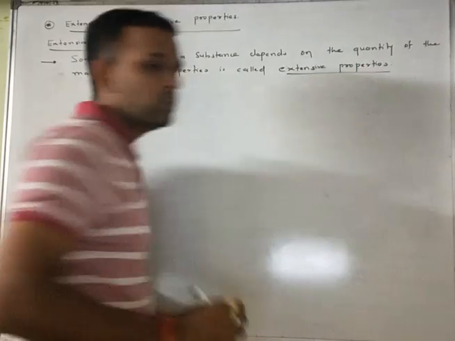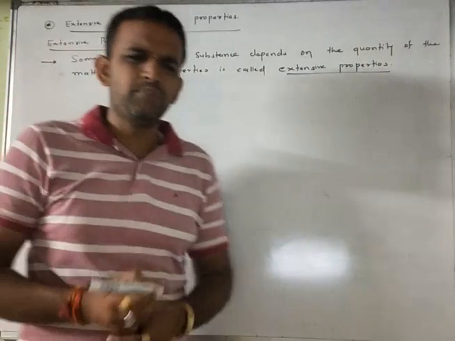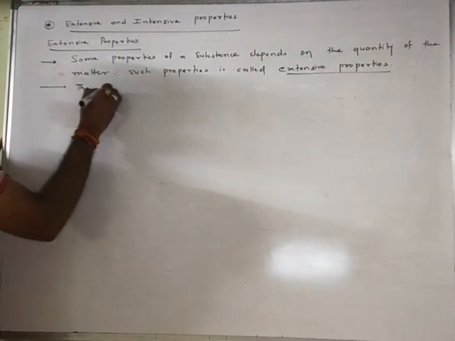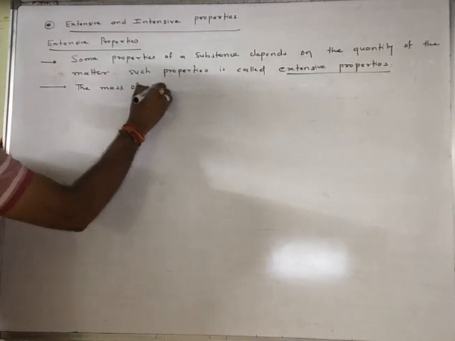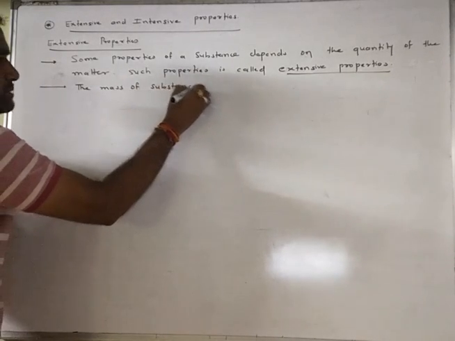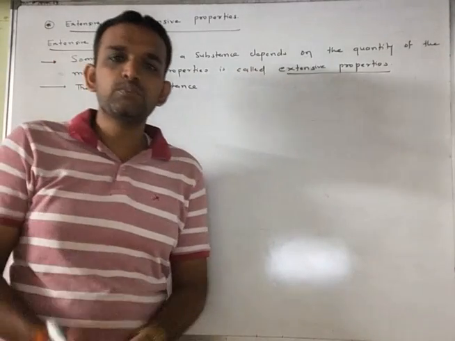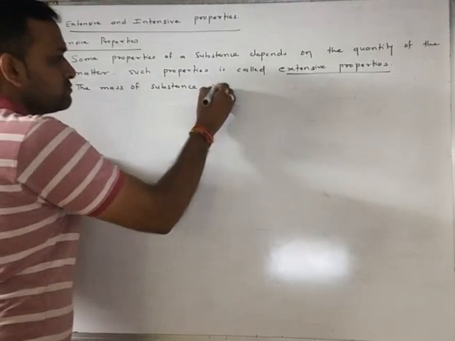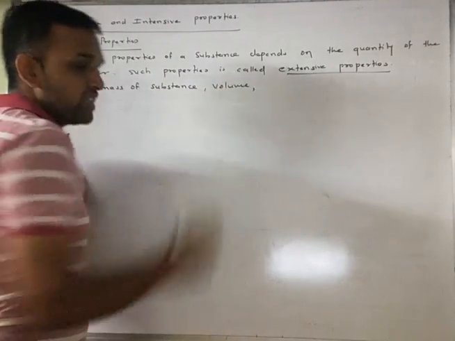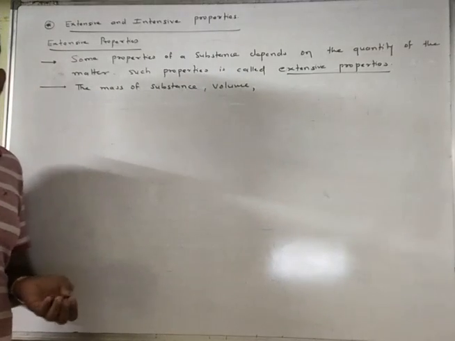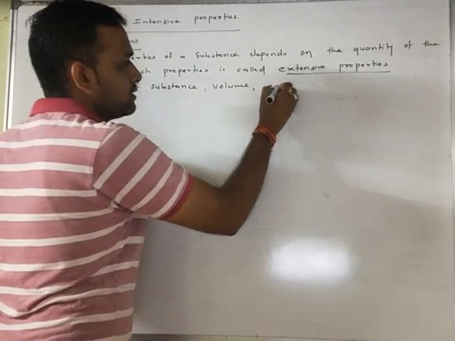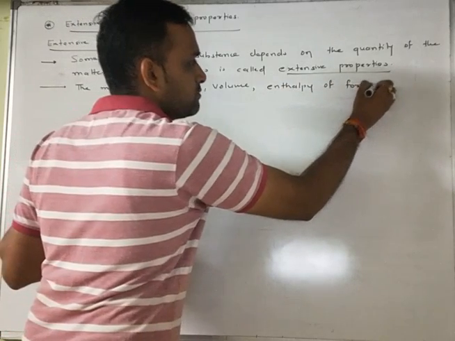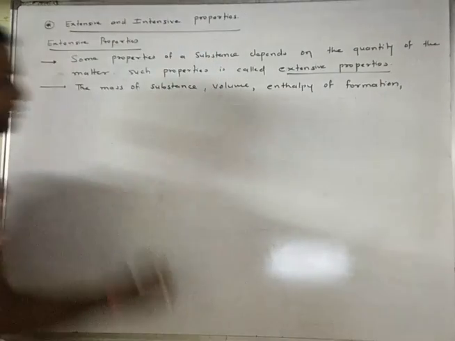Understand बेटा? उसको हम क्या बोलते हैं? Extensive properties. For example, the mass of substance. कोई भी substance है, उसका mass उसकी extensive properties है. Then next one, that is volume. Then next one we can say enthalpy, okay, so enthalpy of formation. Then entropy.